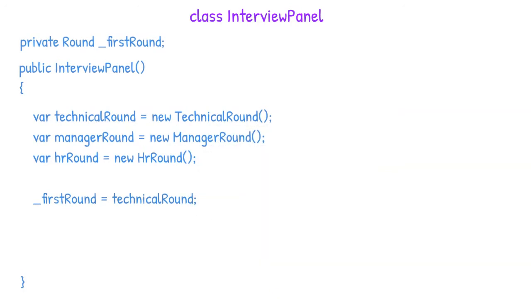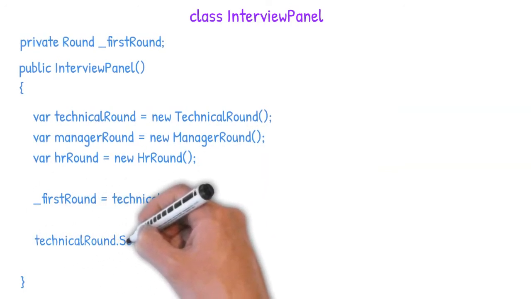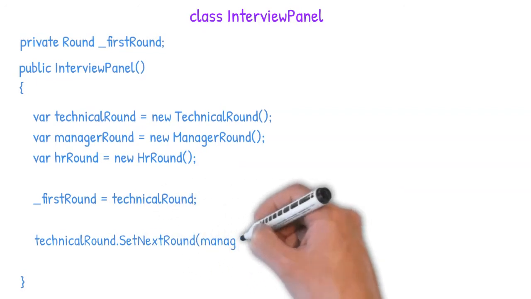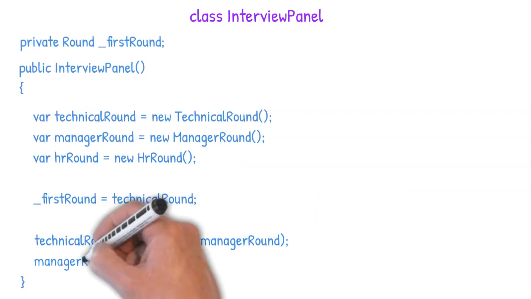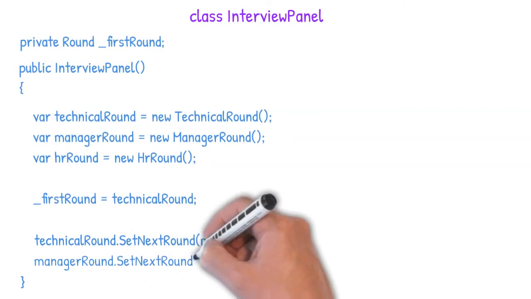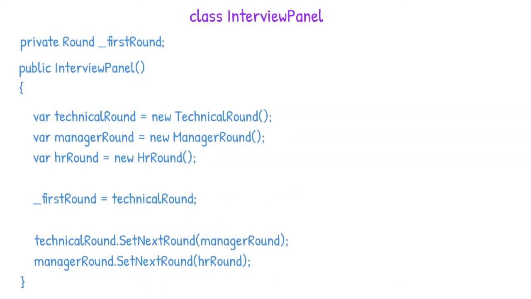Then it will set the first round to be the technical round, and after that it will form the chain. So it will set manager round as the next round of technical round, and then it will set HR round as the next round of manager round.